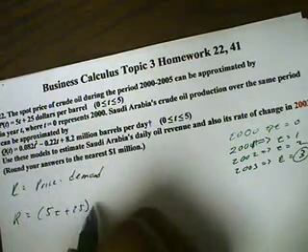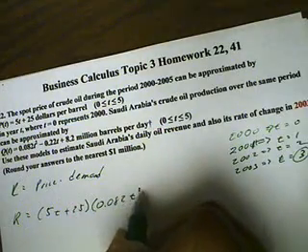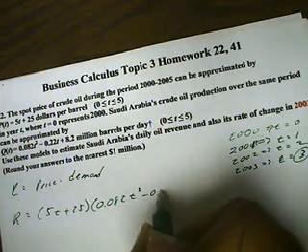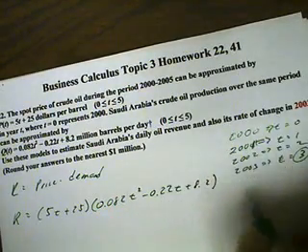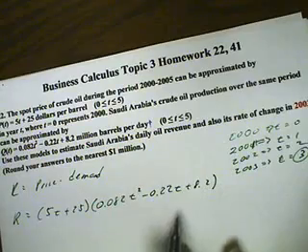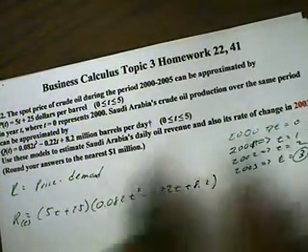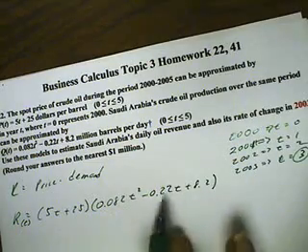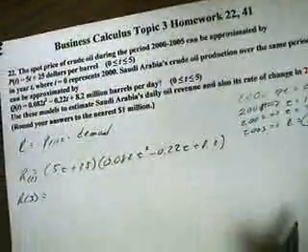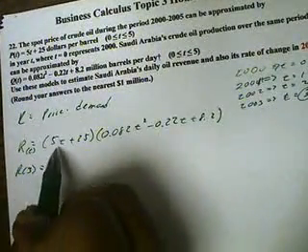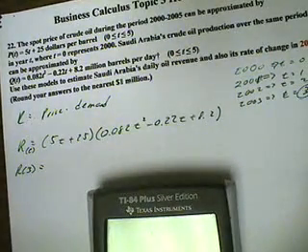The demand function is 0.082 t squared minus 0.22t plus 8.2. Alright, so that's our revenue function. Since we want to know the revenue in 2003, we need to put 3 for all of these t's here. In fact, let's go with the calculator from here.